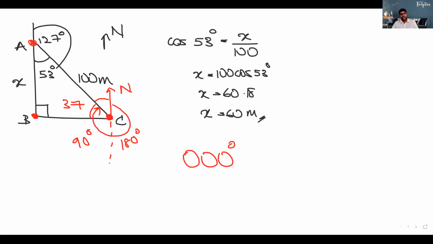So at the end of the day, the total angle that you're going to get, which is this one, is going to be 307 degrees. Children, did you get this answer? So okay, I'll explain it again.